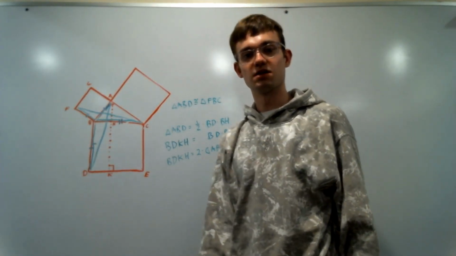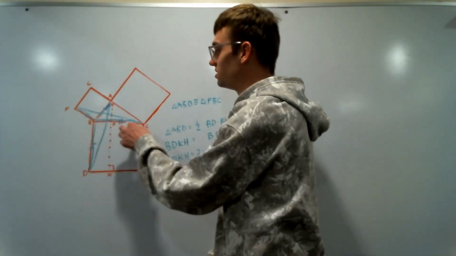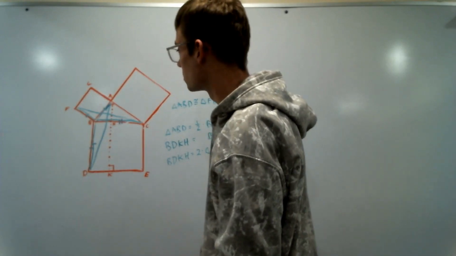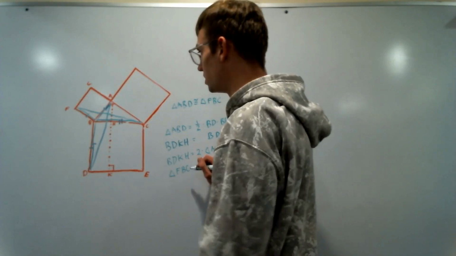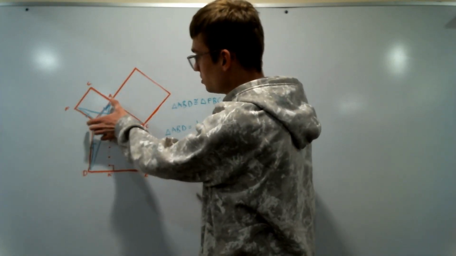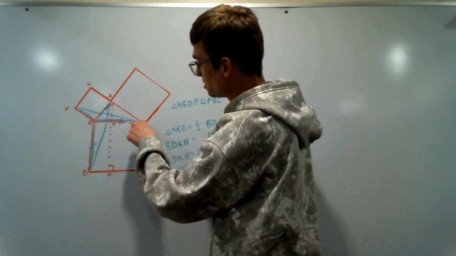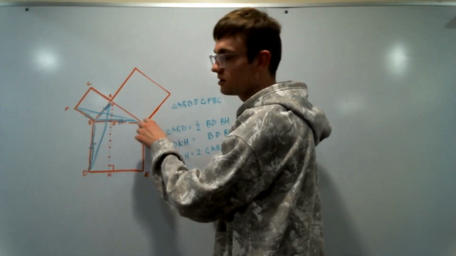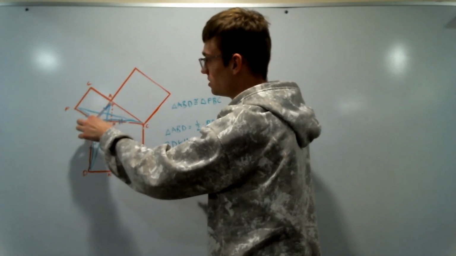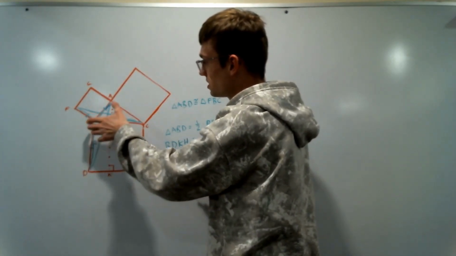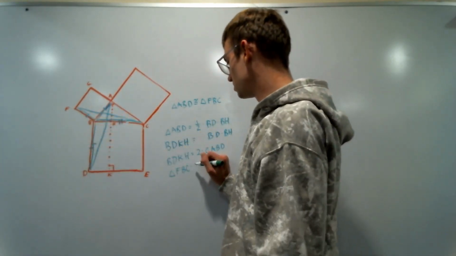Well, what about the other triangle? FBC has a base on FB and a height of AB. It's hard to see, but the triangle does come all the way out here and is parallel with A right there with the base. So we can say the height is AB.